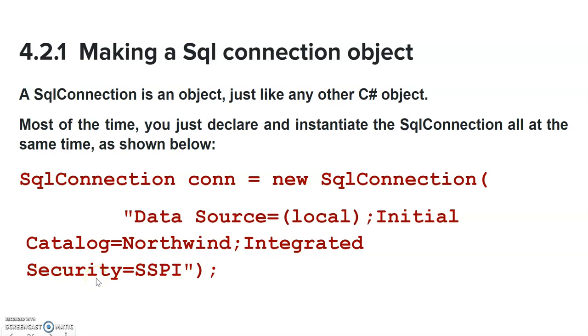Then integrated security. Here you can connect to a data source with the help of authentication. There are two ways of authentication. One, you can use your system authentication, Windows authentication, or you can use SQL authentication. If it is written as SSPI, then it is using the system authentication, that is Windows authentication.